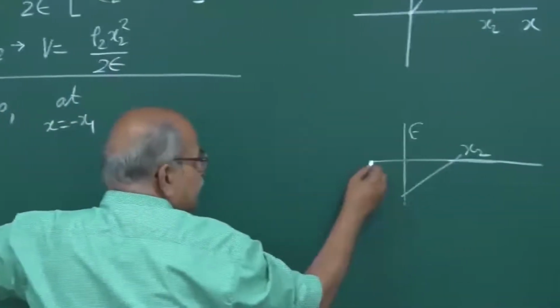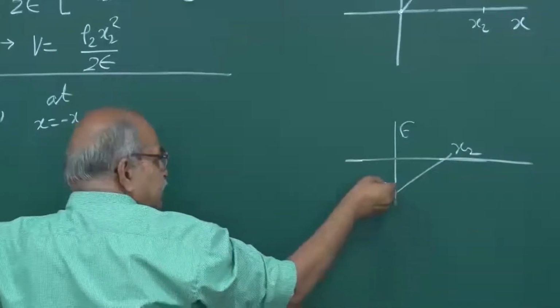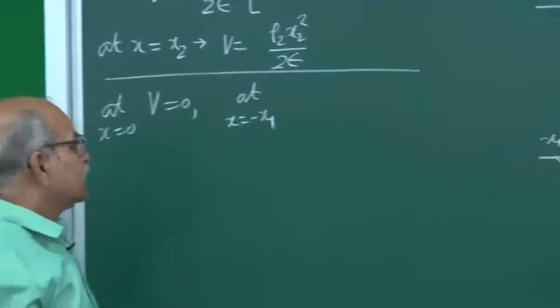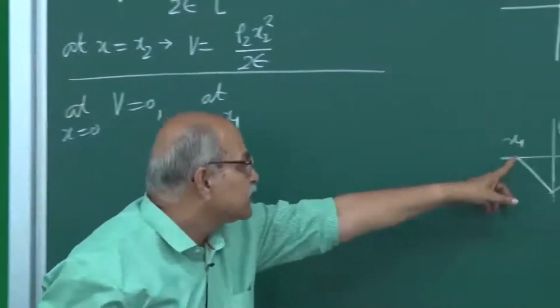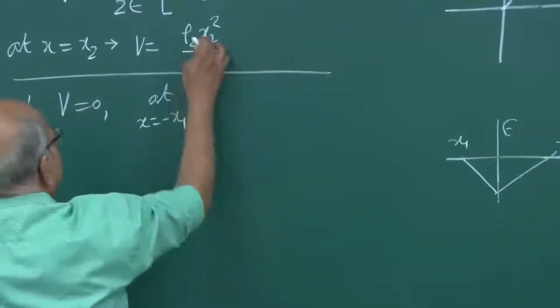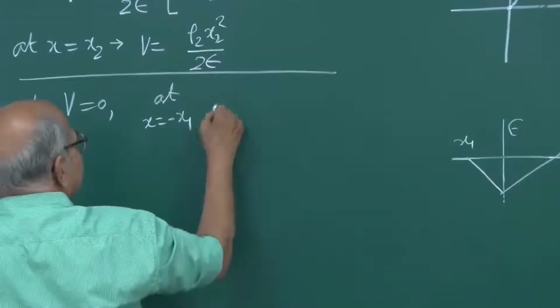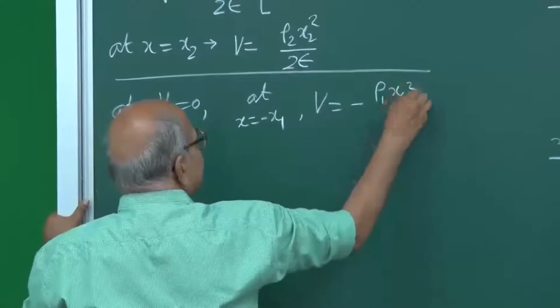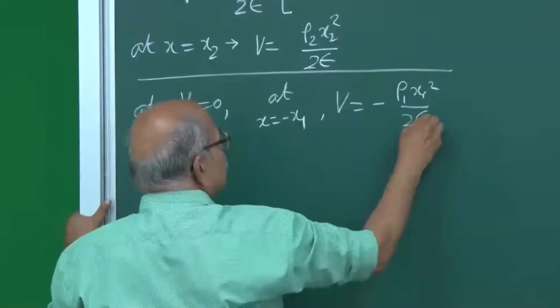Remember, the electric field is of this kind, so linear, so it has to be quadratic, and at this point you can take the similar expression from here, v is minus rho 1 x1 square by 2 epsilon.